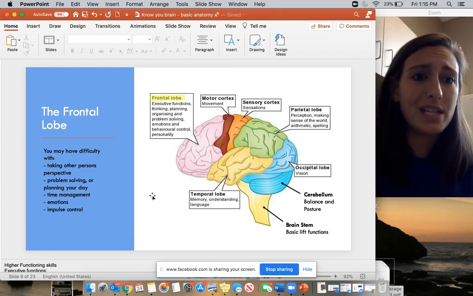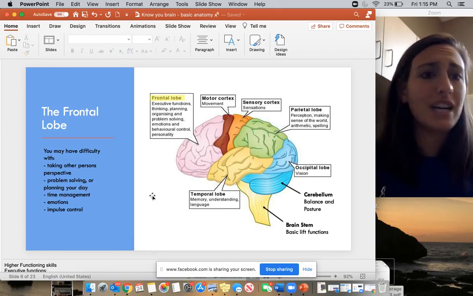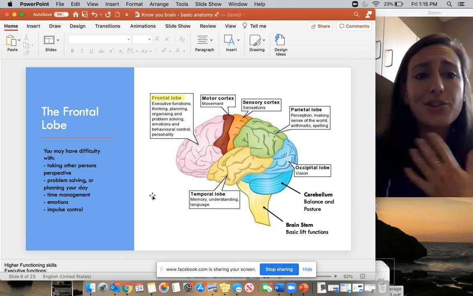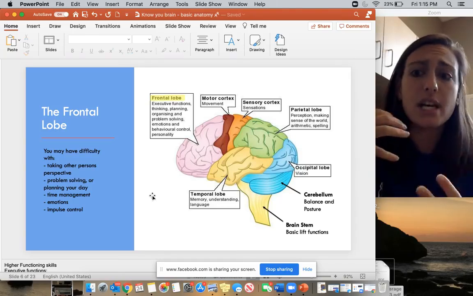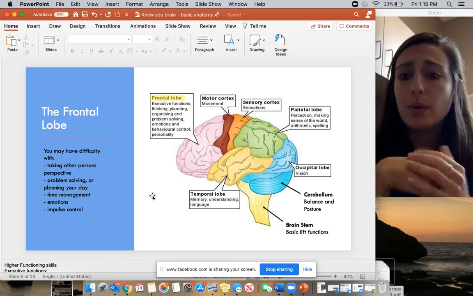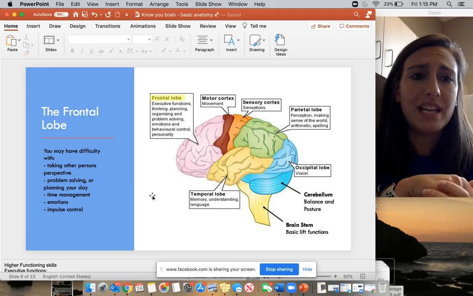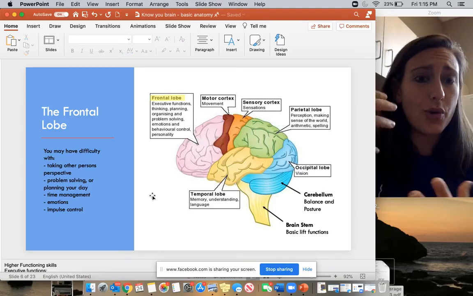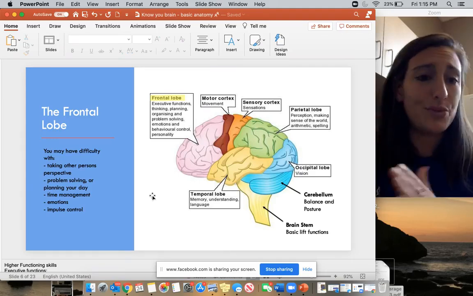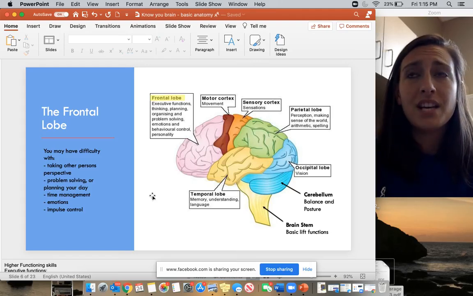One of the big ones that we see a lot is planning out your day, trying to figure out how much time it's going to take to get dressed, or when you're supposed to get dressed, or how you're supposed to get dressed. That's a big challenge. Time management is also a big thing. And also there can be an impact on impulse control and knowing when you can and cannot do something, as well as emotions.